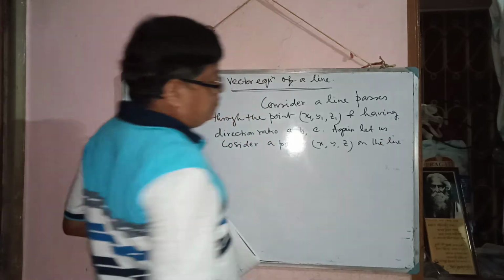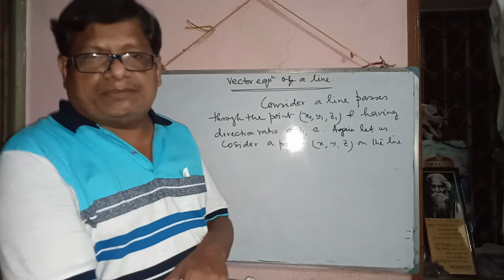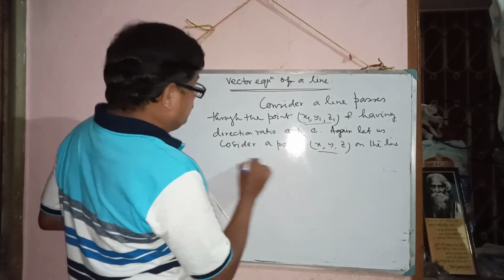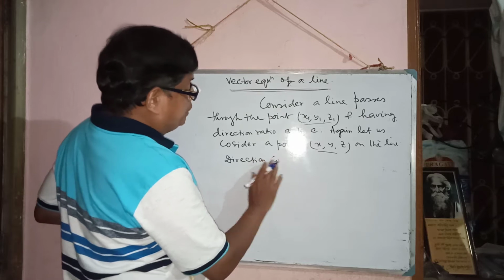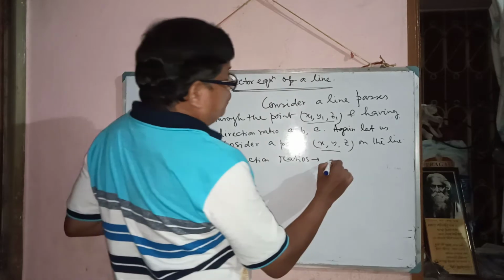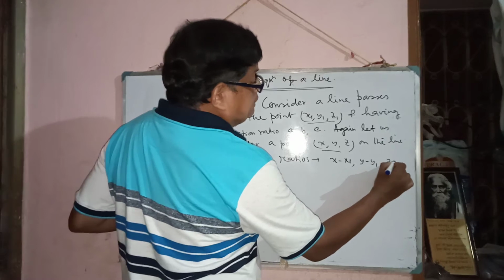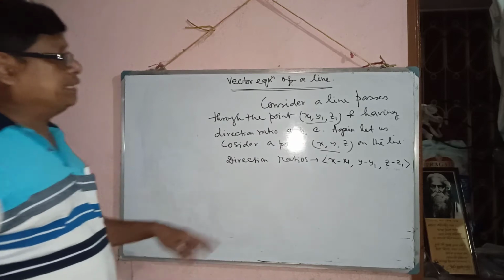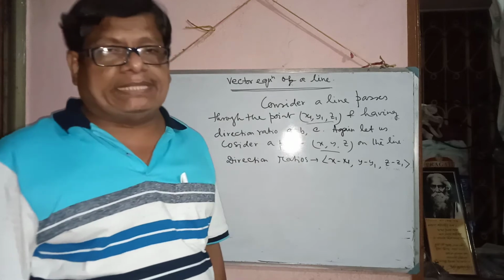In the previous class I also discussed direction cosines. Two points are given, so the direction ratios are x minus x1, y minus y1 and z minus z1.